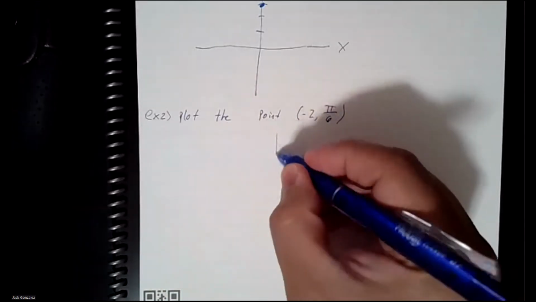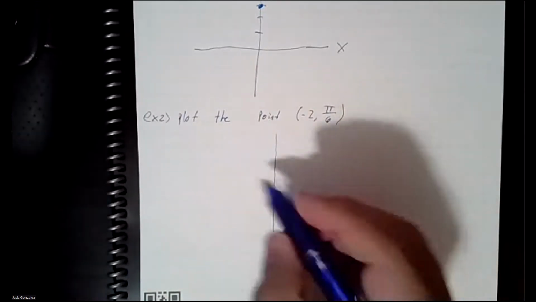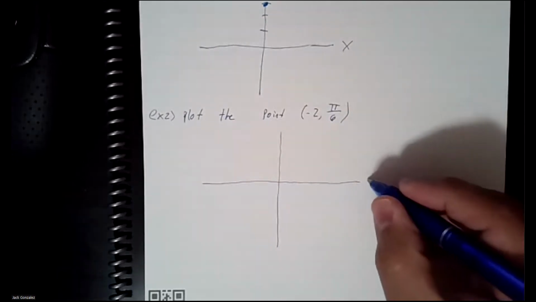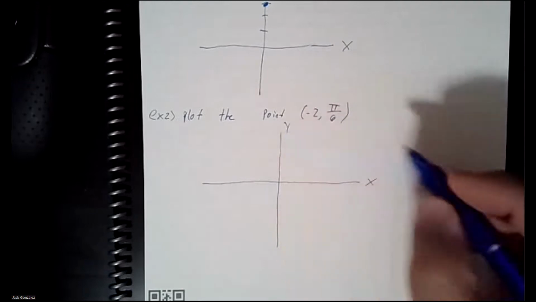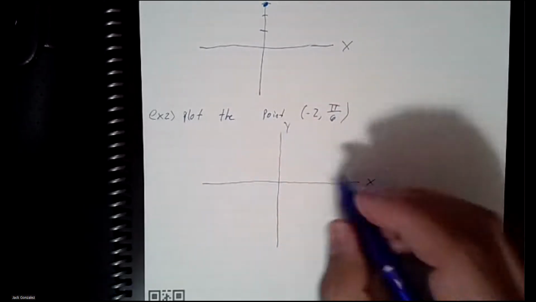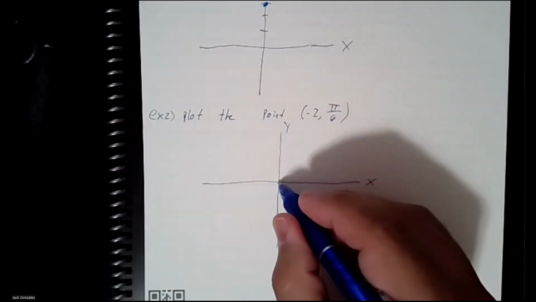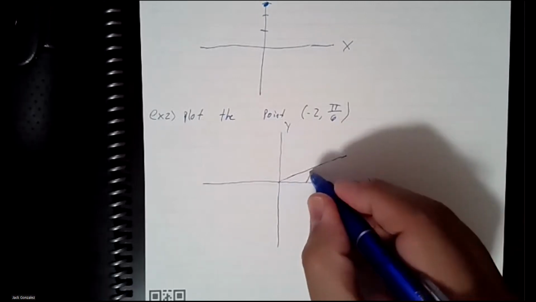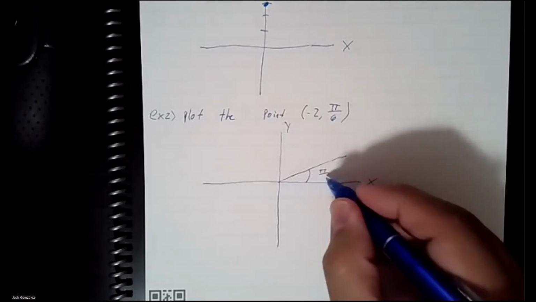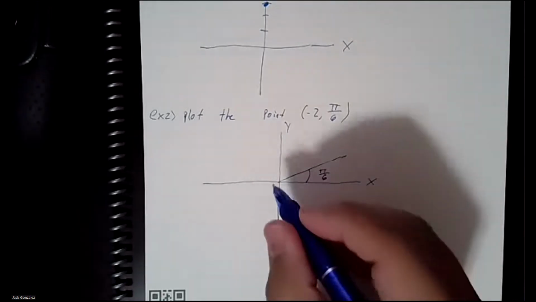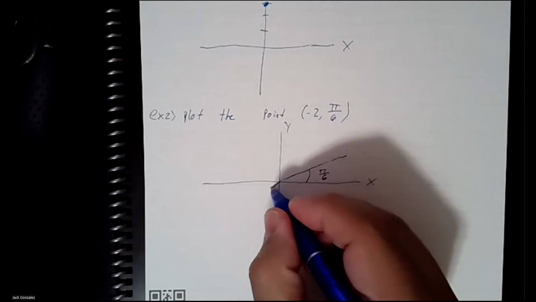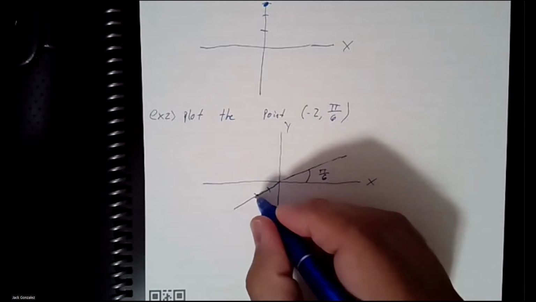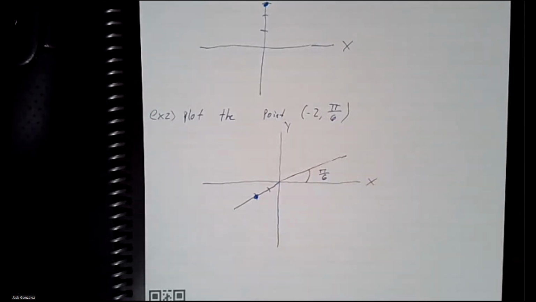So here's 0. So pi over 6 is about right here, right? Kind of. Now go back 2. So 1, 2. So my point would be here.